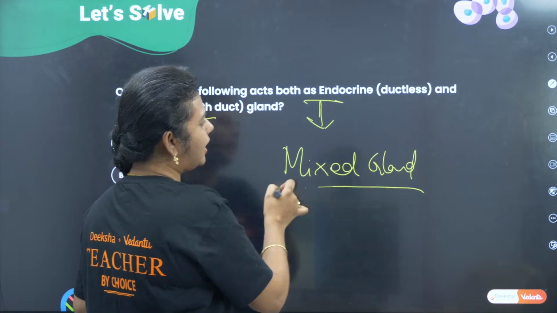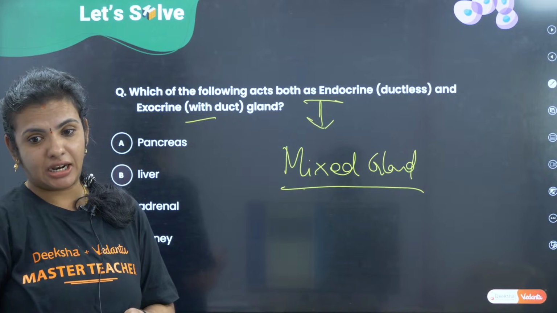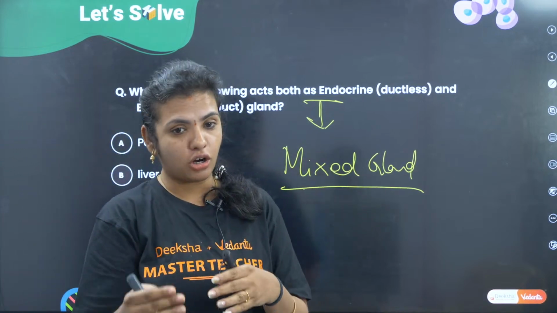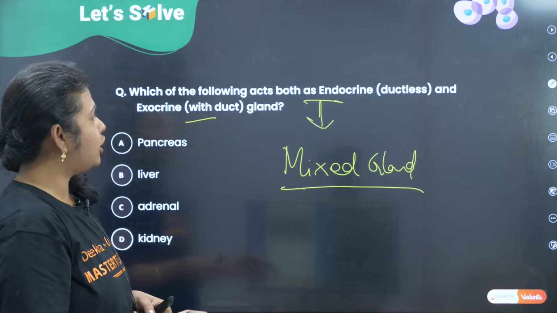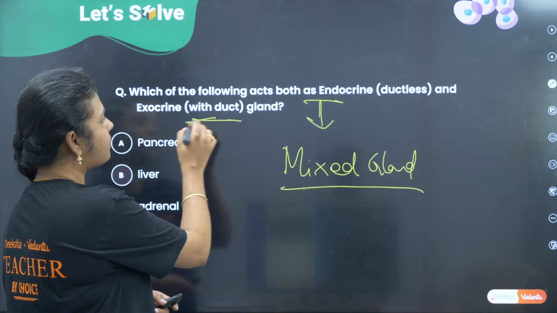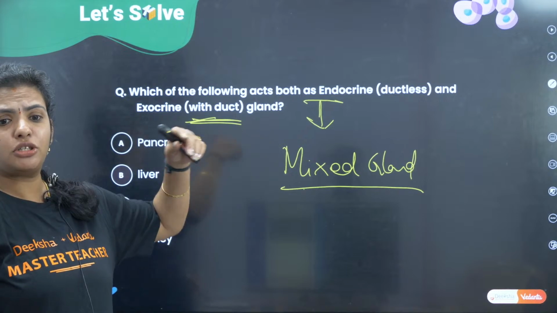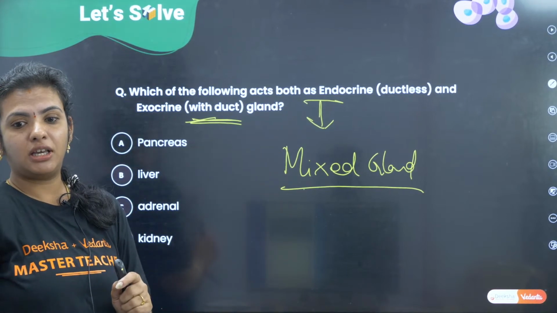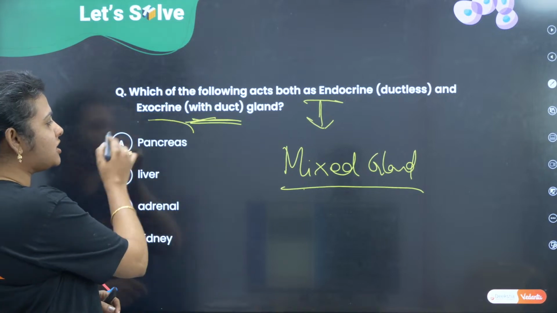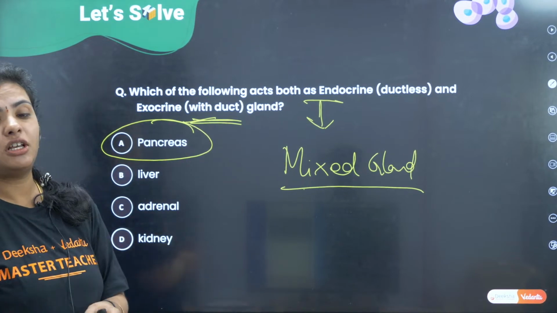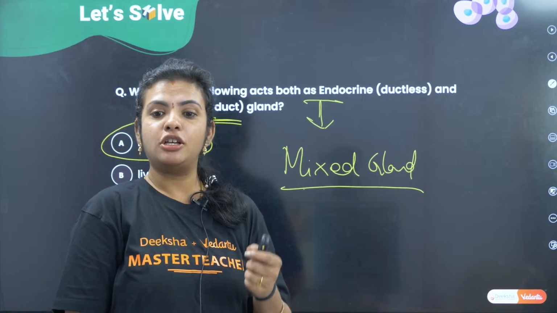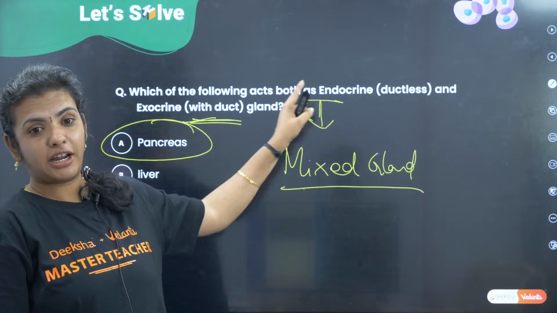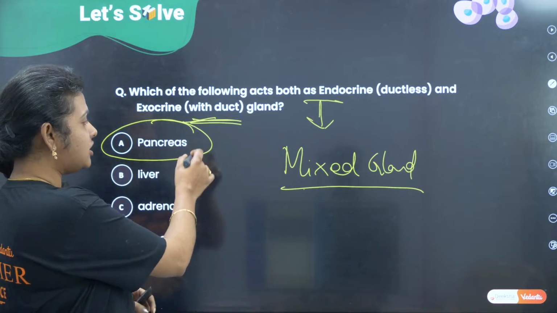Okay. So when I call a gland a mixed gland, it means it is having both functions of producing hormones as well as it is going to produce some kind of juices which go through the ducts. So among the following options, what is here? Definitely Dhanush has given the correct answer. Very good, Dhanush, which is pancreas. Okay. So pancreas is going to be a mixed gland because it has both endocrine and exocrine functions.